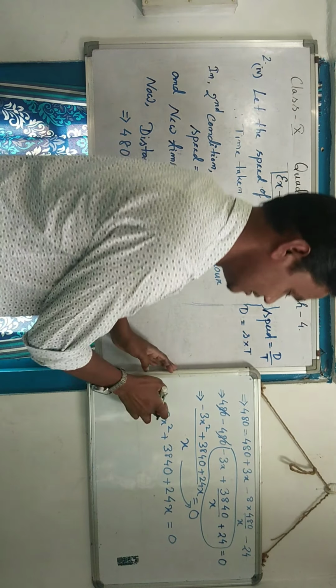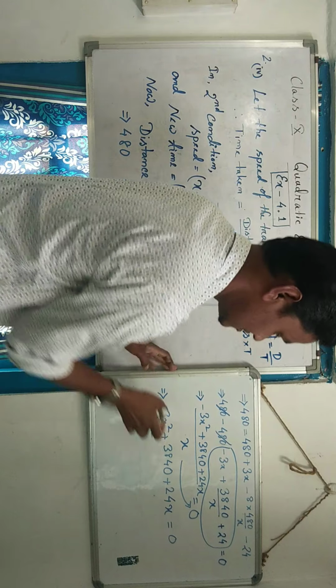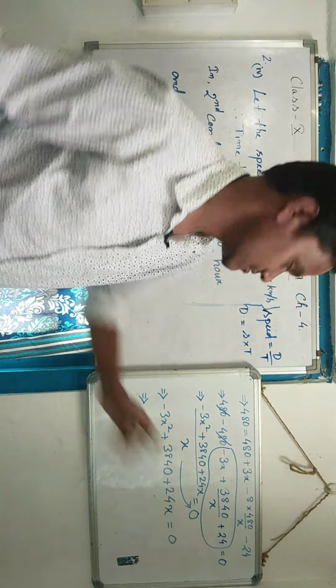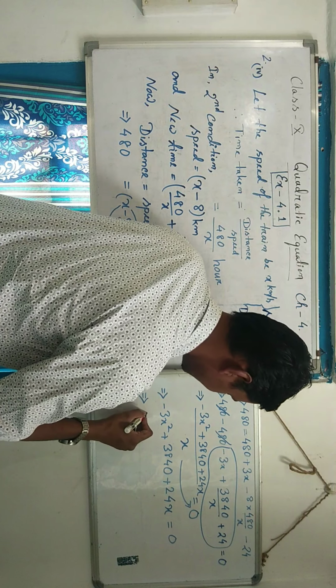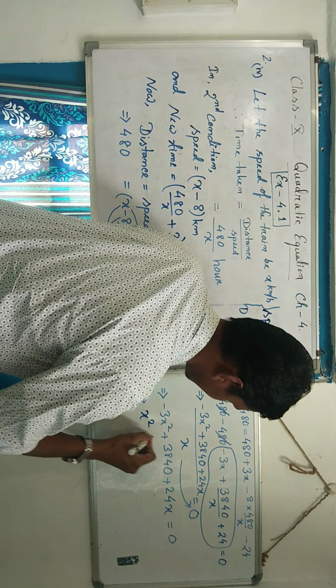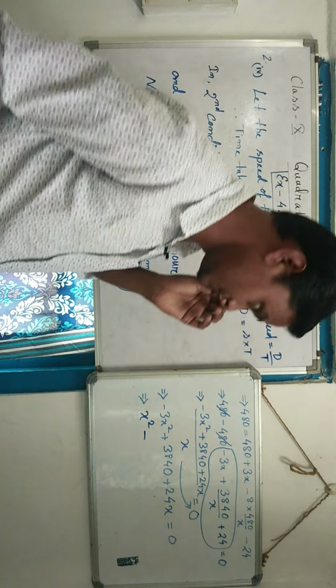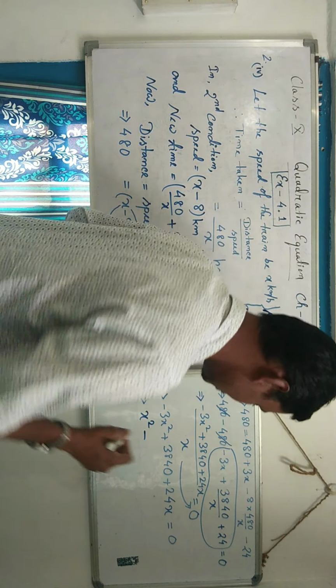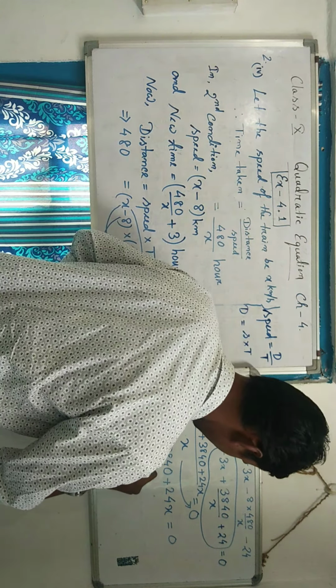Next, I will divide the whole equation by minus 3. Clearly, all the numbers are divisible by minus 3. After dividing by minus 3, it will be plus x square, this plus will be minus, 3840 divided by 3 will be 1280, and 24x divided by 3 will be minus 8x, is equal to 0.